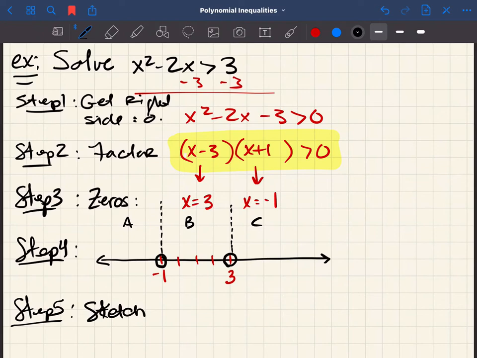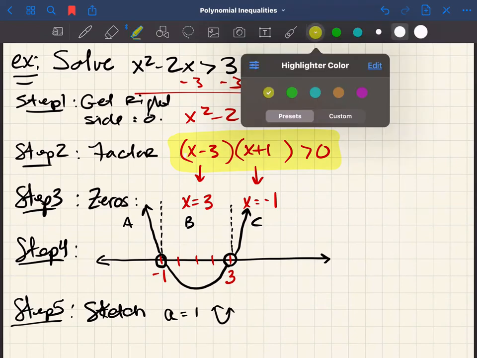So we need to look to see what our A value is. Our A value is 1, so this tells me my parabola is going to be opening up. So we know we're looking at a quadratic that has to be opening up. And when we look at it, once it's graphed, again, we're looking at what values of x the output is going to be greater than 0.